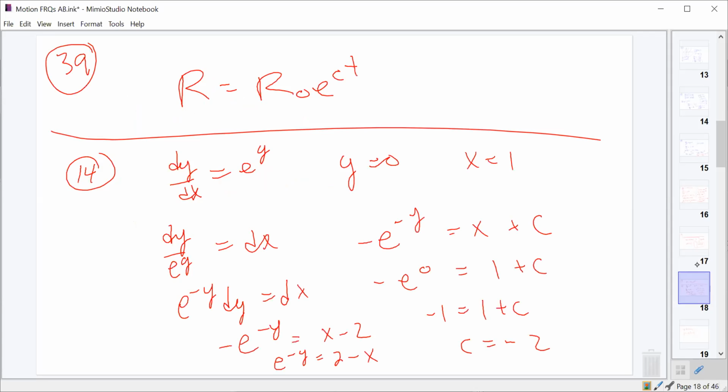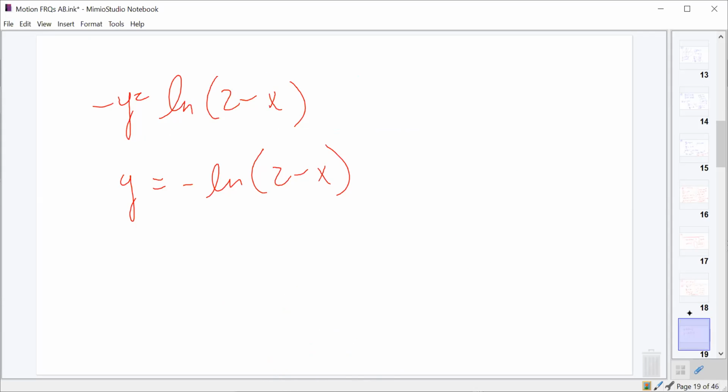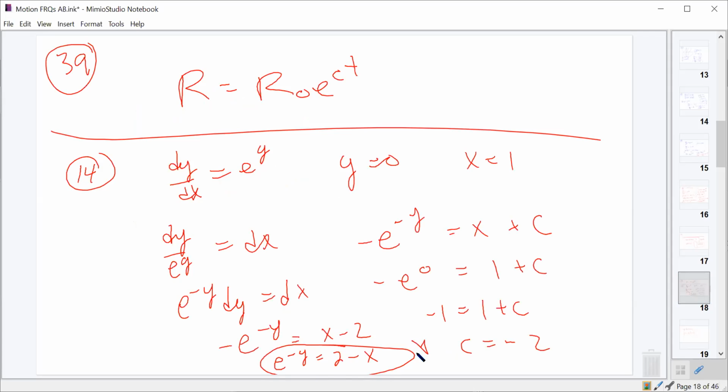Did they just leave it as something else? Oh, they had e to the negative y equals 2 minus x. We didn't need to finish solving past that, apparently. That was all unnecessary because this was one of the answer choices. Everybody good there with that? 14 should be C.